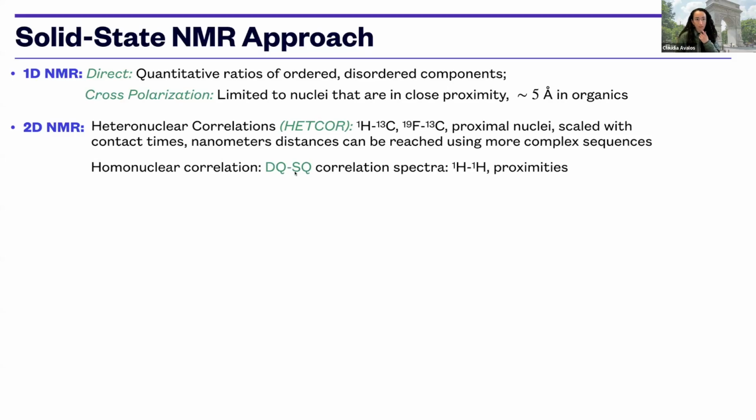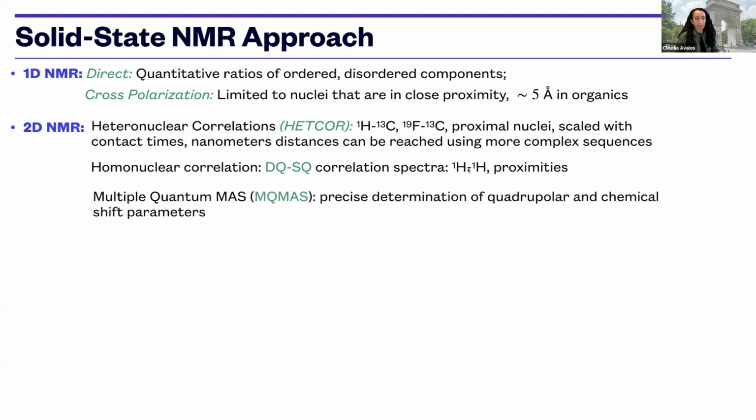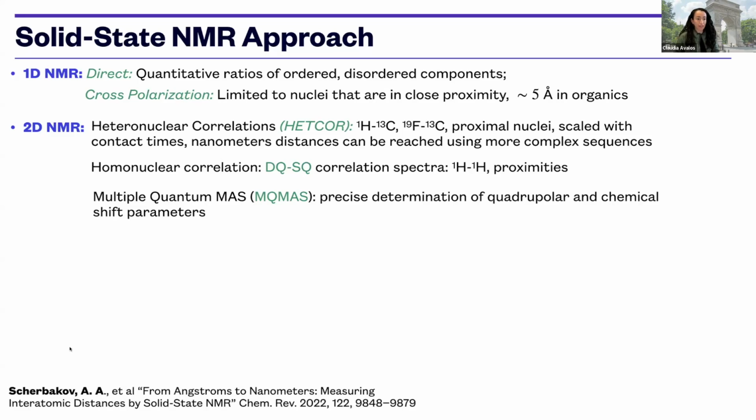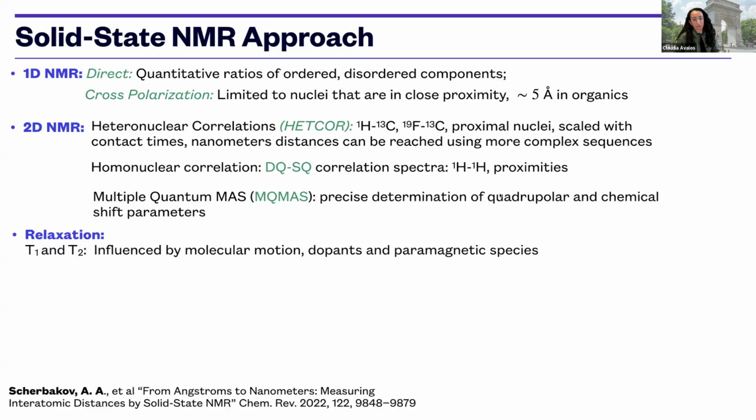There's also homonuclear correlation, DQ-SQ correlation spectra, so you can get proton proximities as well. Multiple quantum MAS has also been used to look at aluminum-based optoelectronic materials. I'll talk about one example today. This is quite a nice resource that discusses angstroms and nanometers, using more advanced sequences to extend the distances that can be reached in correlation experiments, with a nice survey of the methods that currently exist.